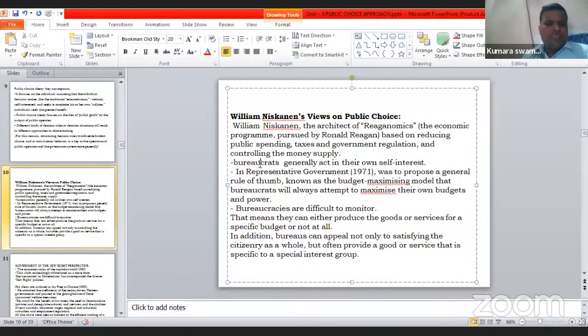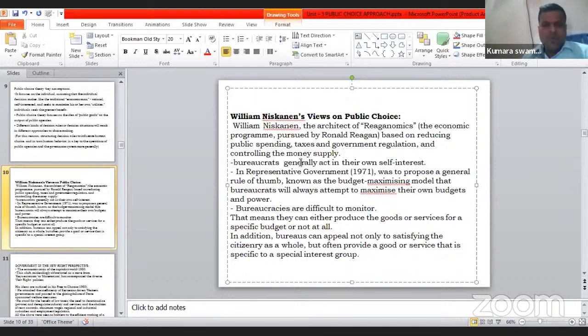One of the prominent thinkers, William Niskanen, has different views on the public choice approach. He describes the economic program pursued by Ronald Reagan: reducing public spending, taxes and government regulation, and controlling the money supply. So in his opinion, the government should reduce public spending, taxes and regulations and control the money supply.